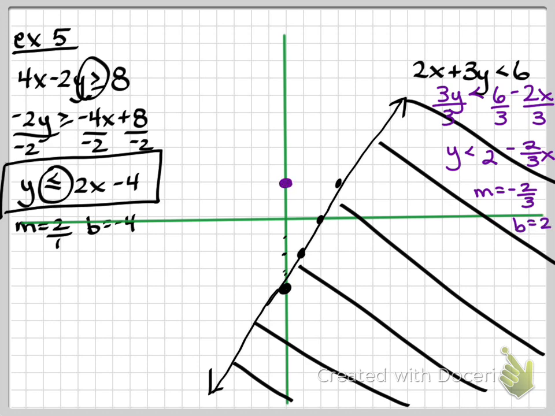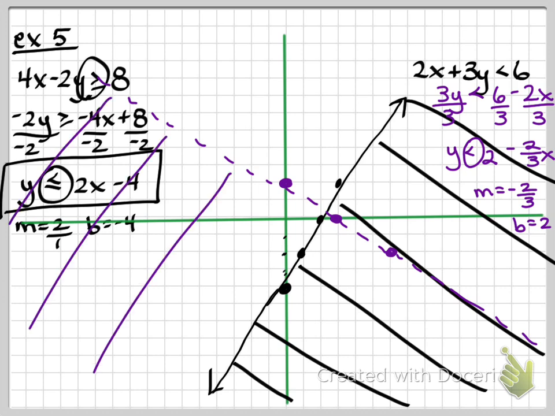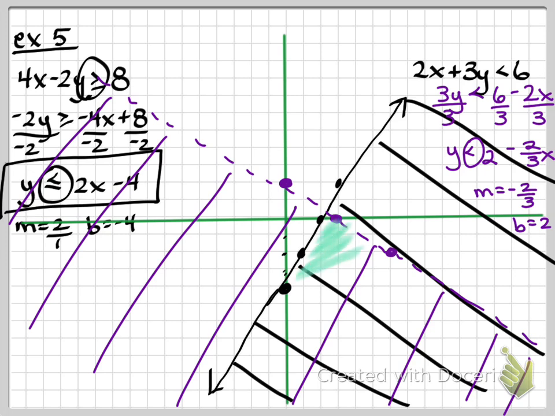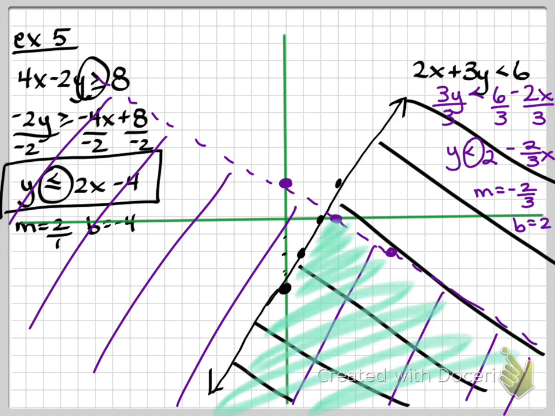Go down 2 over 3. Down 2 over 3. And it's less than, so we do a dotted line, and less than shades below the purple. So our answer is this area right through here that is shaded black and purple.